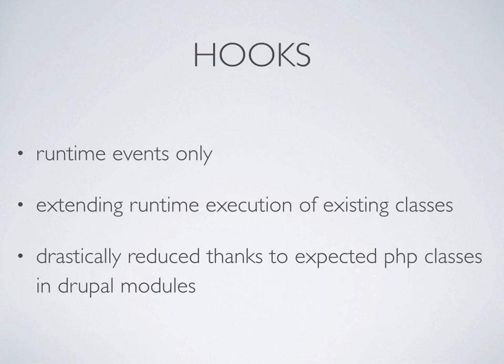Hooks. Hooks are only for runtime, only. Hooks were just crazy in Drupal 7. There's a hook for everything, right? Override this, override that. No. There's objects now. You'll be using many, many more interfaces. You're not going to be hooking everything. The hooks are only for runtime events.